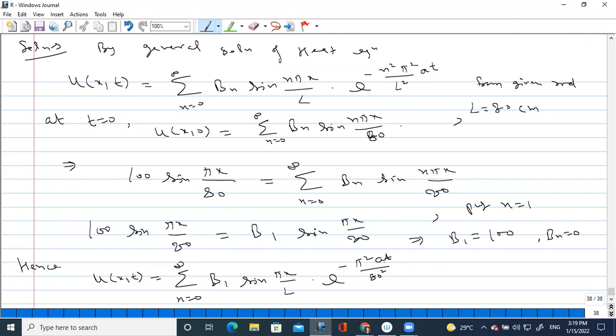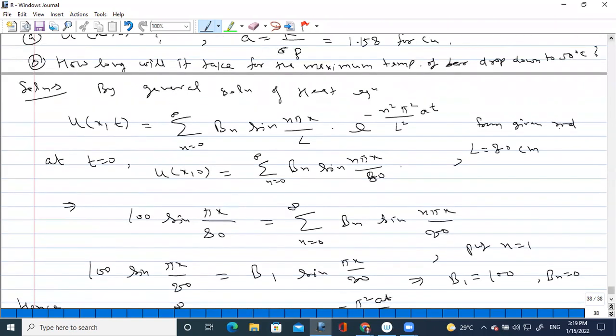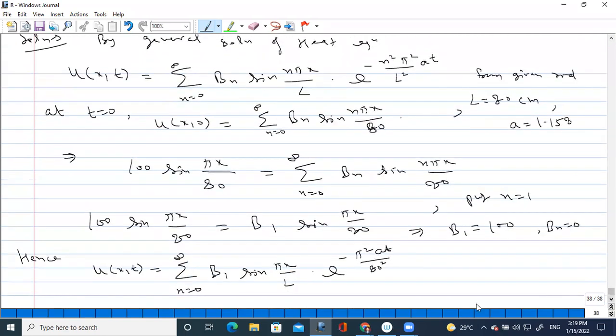Now one more thing, because they have given the value of a also. In the question, the value of a is 1.158. So that also I can put. So this implies u(x,t) is equal to, actually it will not be a summation now, because the value of n is single now. It is not a series now, you can remove it. So the value of b_1 is 100 into sin(pi x by 80).